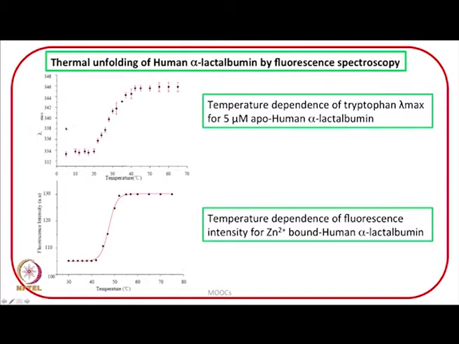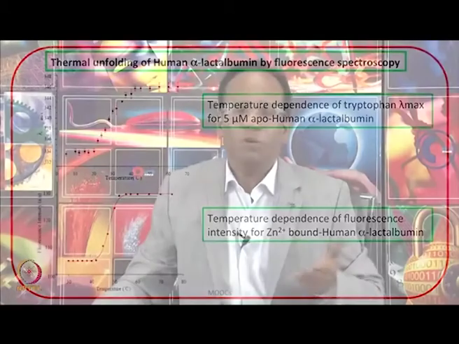So in the upper case, the observable is lambda max, and in the lower case, the observable is intensity. So we can use this in place of y and get the fraction denatured and then address the thermodynamics of the unfolding process in the manner that we just discussed.